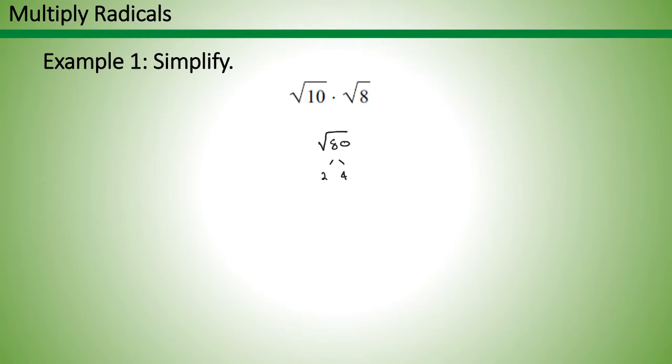So I've got 2 and 40, 2 and 20, 2 and 10, 2 and 5. So that gives me 2 pairs of 2's. So on the outside, I'm going to have 2 times 2 and a 5 on the inside. So my answer here is 4 square root of 5.